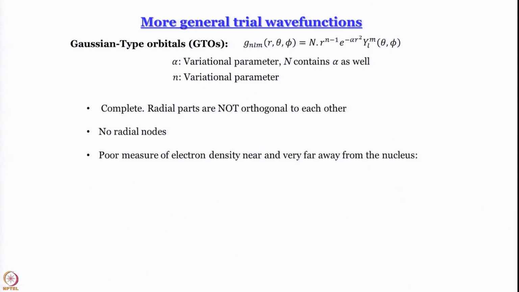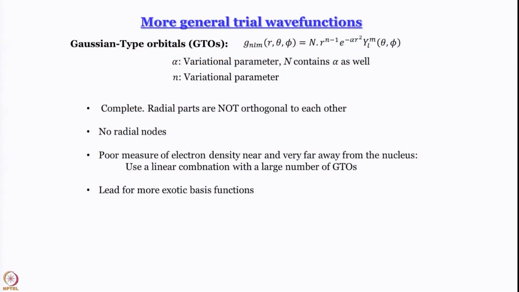To make up for that, what do we do? We do what we have discussed already, we take linear combinations. We take a large number of GTOs, use linear combinations, and that brings in an additional type of variational parameter in the form of the coefficients of these terms. Coefficients also become variational parameters. So, that way more parameters, we are happy. In any case we have the upper limit theorem, we cannot do better than the best, we cannot go below the actual energy.